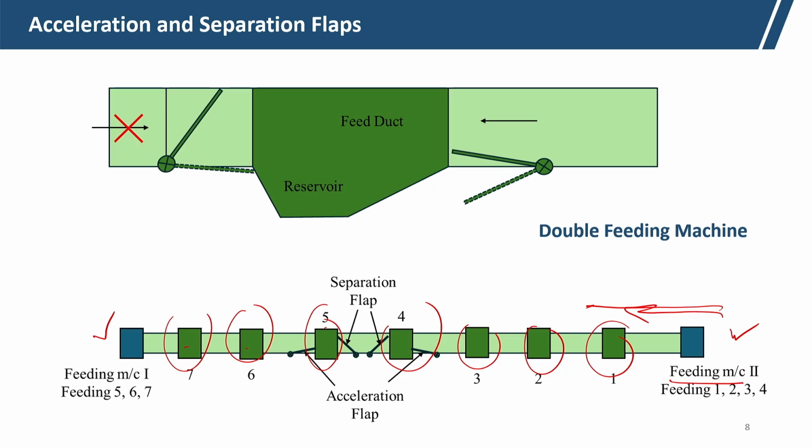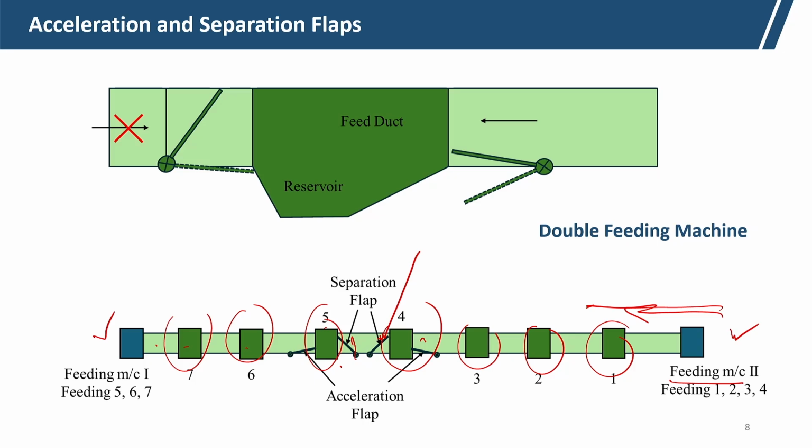What we are doing is, this is the separating flap, which closes the flap side, and similarly for feeding machine 2 we are trying to close it up to the 5th. We do not want this fiber to go into the 4th, as it would unnecessarily disturb.